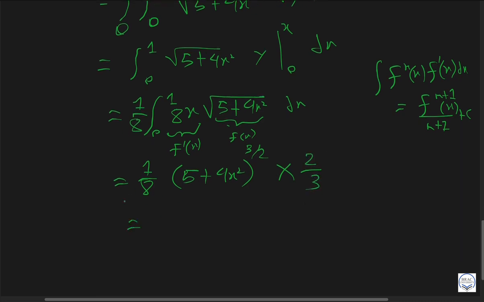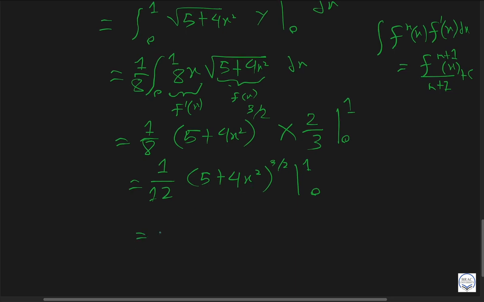So we have 1 over 12 times, oh yeah, we also need to care about the limits, 5 plus 4x squared to the power 3 over 2. If we put 1 in here, then we have 5 plus 4 is 9, 9 to the power 3 over 2, minus, since if we put 0 it's just 5, we've got 5 to the power 3 over 2.